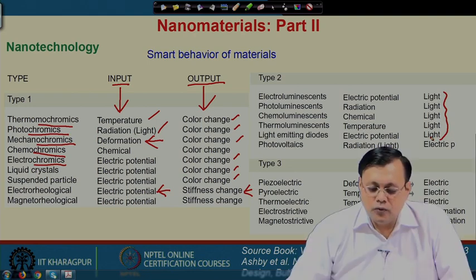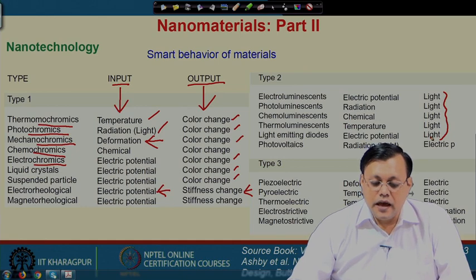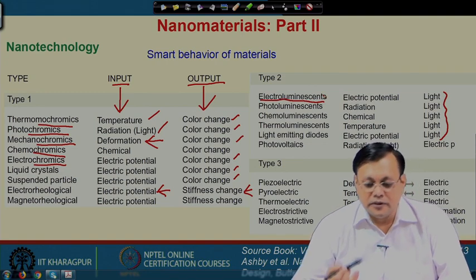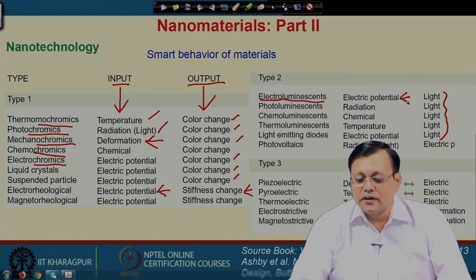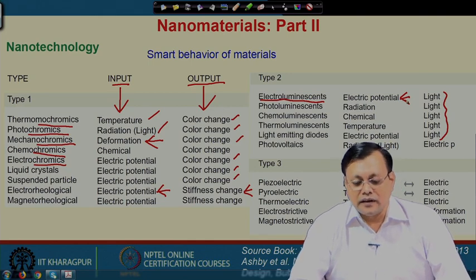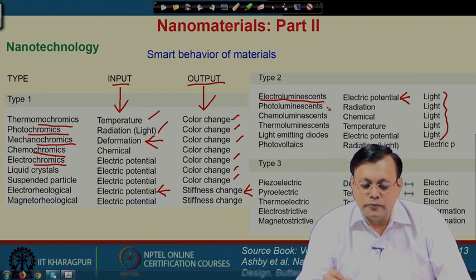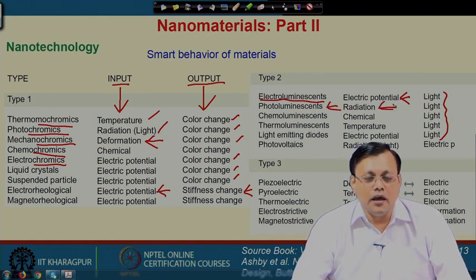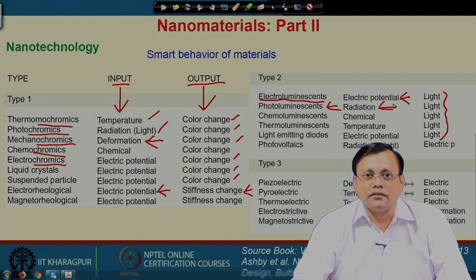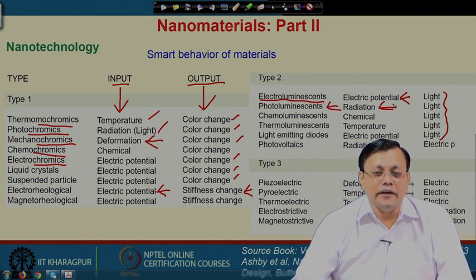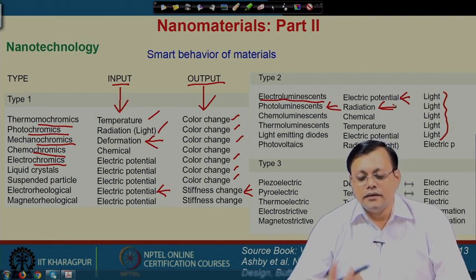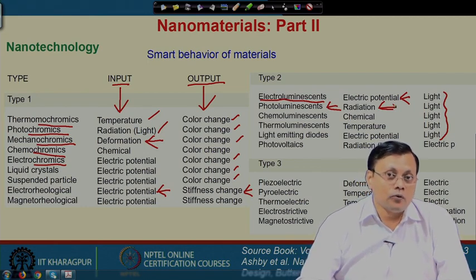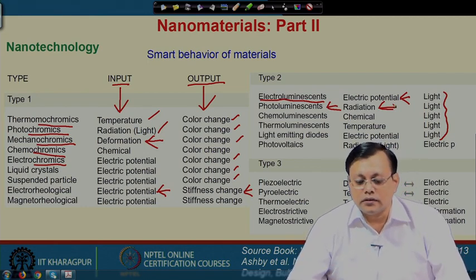In that case we call these properties luminescence. So, there is electroluminescence, where we apply an electrical potential and the material emits light, or photoluminescence, where we apply radiation, say ultraviolet ray, which is absorbed, and then it emits optical light. Ultraviolet ray has a higher energy level, the photon energy h nu is very high, and then it emits a larger wavelength. So, it basically absorbs a lower wavelength and emits a larger wavelength.